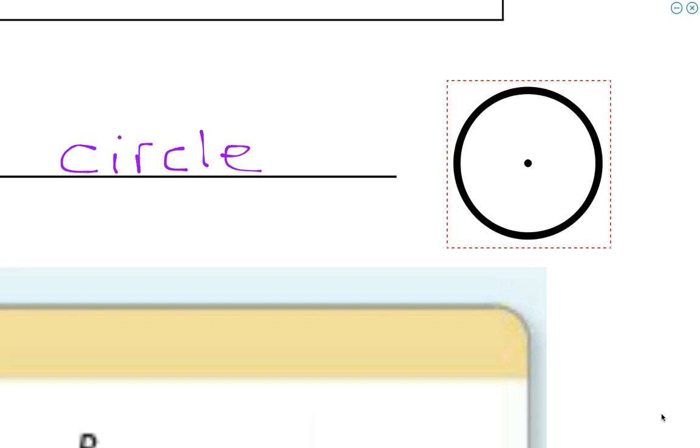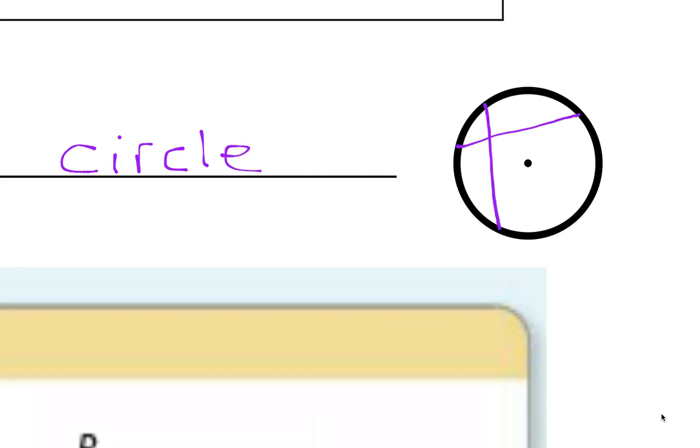So if I draw us a circle real quick, there you go. A chord, that's a chord, that's a chord, that's a chord. A segment whose endpoints are on a circle.